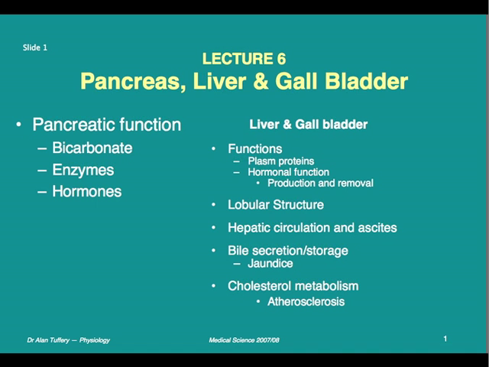And then we'll talk a little bit about liver and gallbladder function, and there's a fair old list of functions of those. We shall not spend very long on some of them because we already have dealt with some of them in other contexts. For example, the production of proteins. We know about the proteins in the body. We talked about those before, and so it'll only be a question of bringing some of that to the front again.